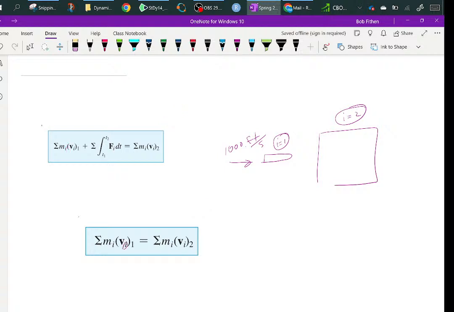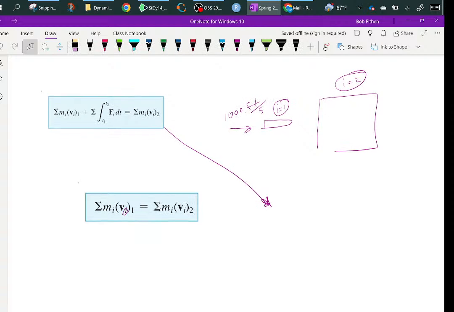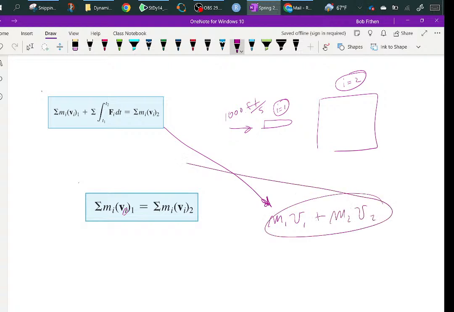Now, let's write this equation for this situation. What we have is M1 V1 plus M2 V2. This comes from right here.